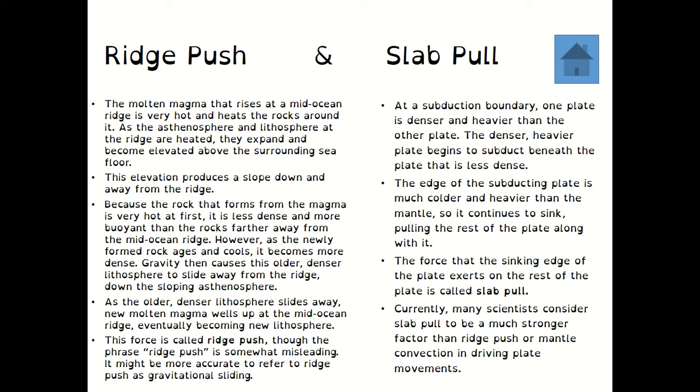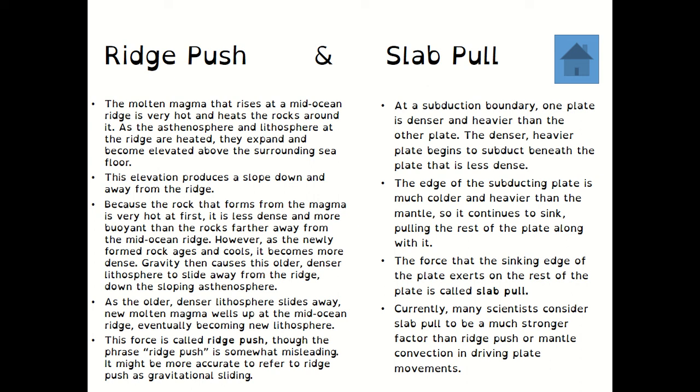That means it's elevated, so gravity can pull it downwards from that ridge to the lower surrounding areas. That's called ridge push, but it should really be called gravitational sliding instead. It's not very accurate. It's not being pushed at all. It's just being elevated and then gravity is sliding it downwards from that point. So that's ridge push, and that might account for why plates spread apart at our constructive plate margins.